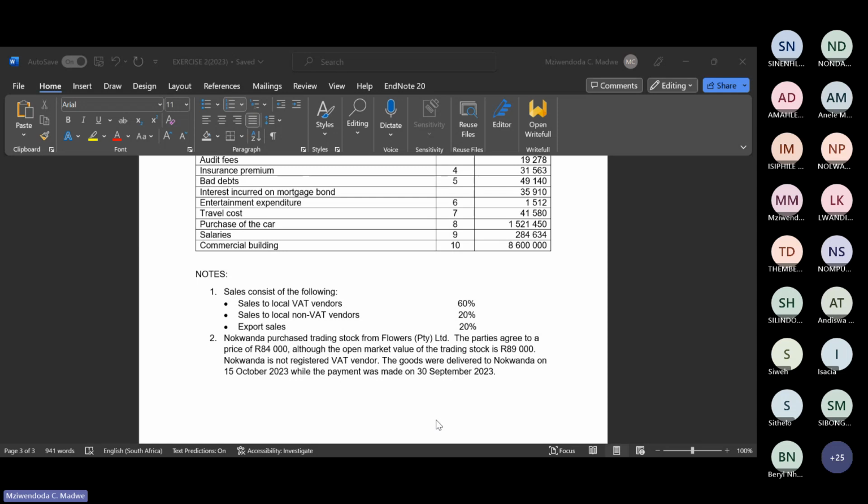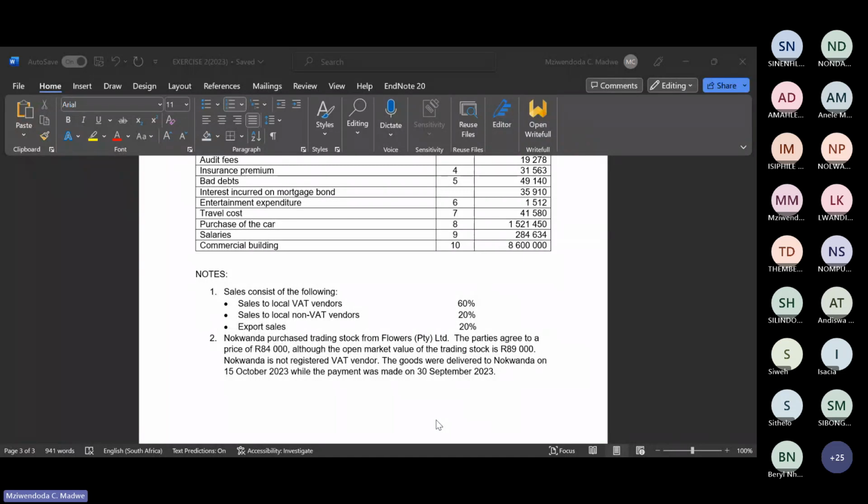All the time, if I have two values in one note or one transaction, I have to go to section 10 to determine which value I'm going to use to calculate VAT.